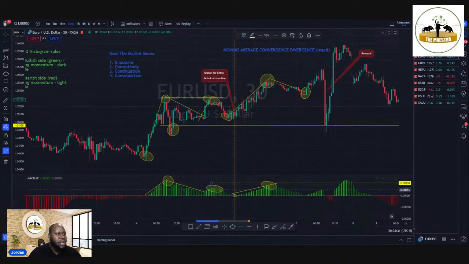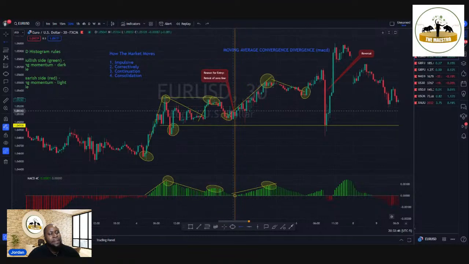So I'm starting to realize divergence is happening. So I need to be careful as I'm in this move. Yes, I'm capitalizing on this move, but as I'm paying attention to the histogram, I need to realize that divergence is happening. As I make higher highs, the histogram is not making higher highs with me. The histogram is starting to make lower lows.